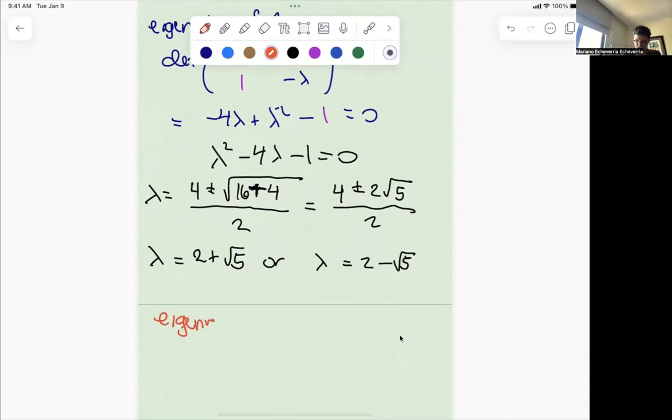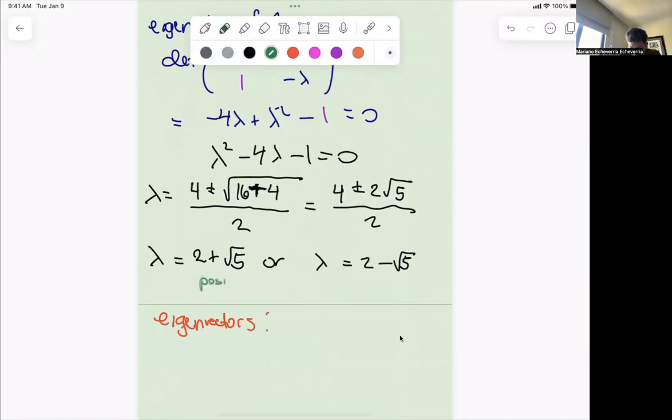What is the eigenvector? Oh, by the way, this is already enough to say whether the conic section is a hyperbola or an ellipse, right? What is it in this case? It's a hyperbola, because the eigenvalues are of different signs. This one is obviously positive.